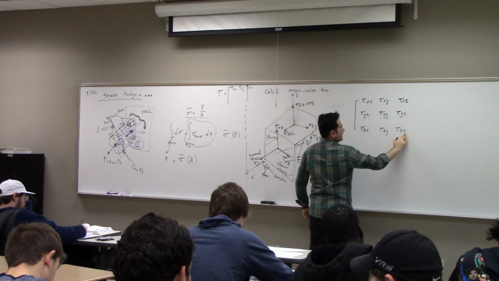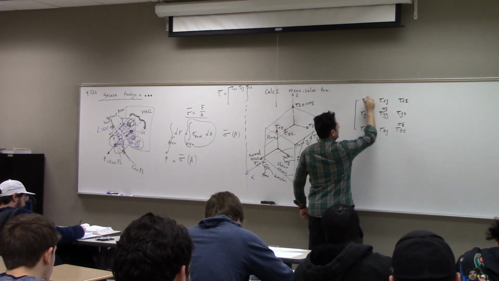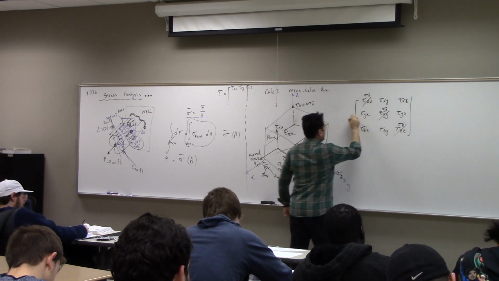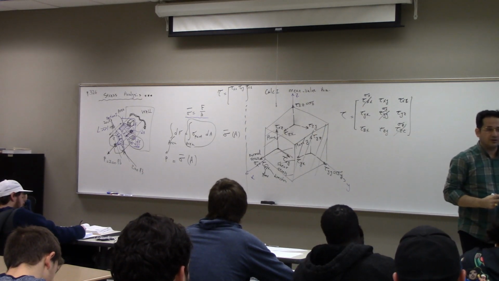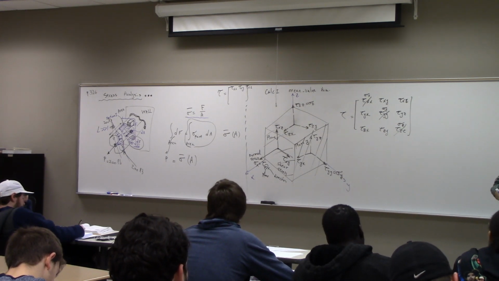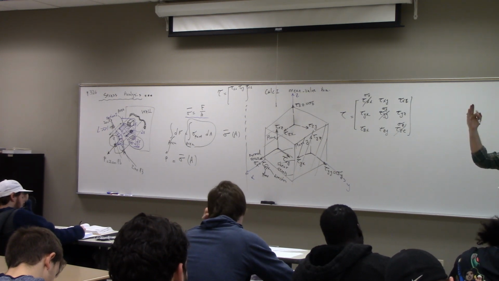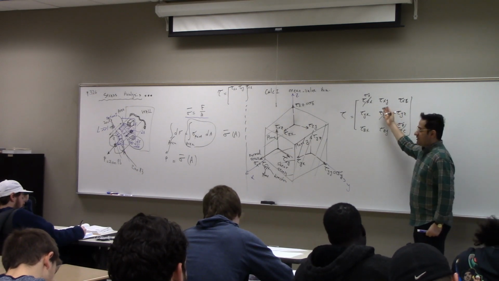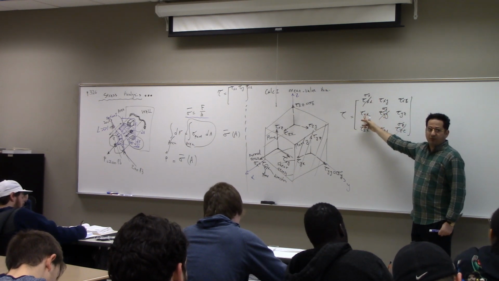So this main diagonal, we can call it also sigma Z, sigma Y, sigma X. That's my stress matrix. They call it tensor. But in the graduate course of elasticity, you have either a scalar or vector or tensor. Tensor is generalization of matrices. So this matrix is symmetric. That means this is equal to that. Tau XY is equal to tau YX.